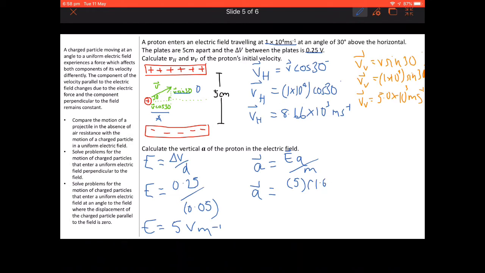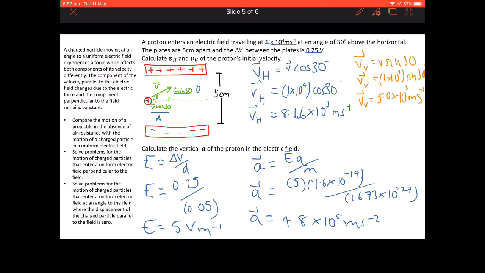The charge on a proton is 1.6 by 10 to the negative 19 coulombs, and our mass of a proton is 1.673 by 10 to the negative 27. Therefore, popping all of that into a calculator, we'll get an acceleration of 4.8 by 10 to the 8 meters per second squared.